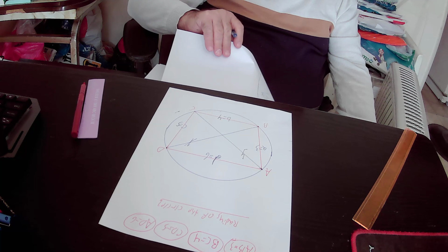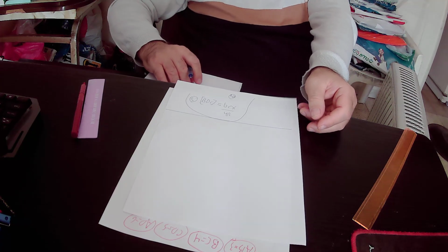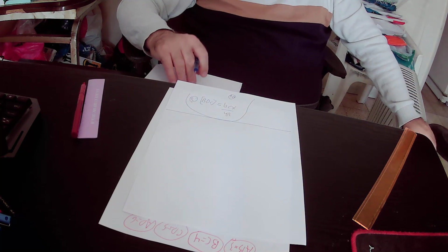So we found out that the area of triangle BDC equals BCX over 4R.